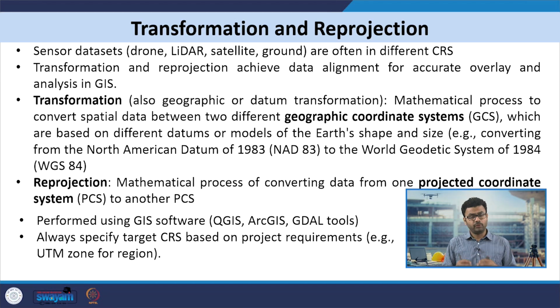And as a user, we always specify the target coordinate reference system based on the project requirement. For example, if I'm conducting my drone survey in a specific region in India, then I will first figure out what the UTM zone is for that particular region, and based on that, I will specify the CRS. So, through reprojection and transformation, the coordinate reference systems of the datasets from various sources have now been harmonized.